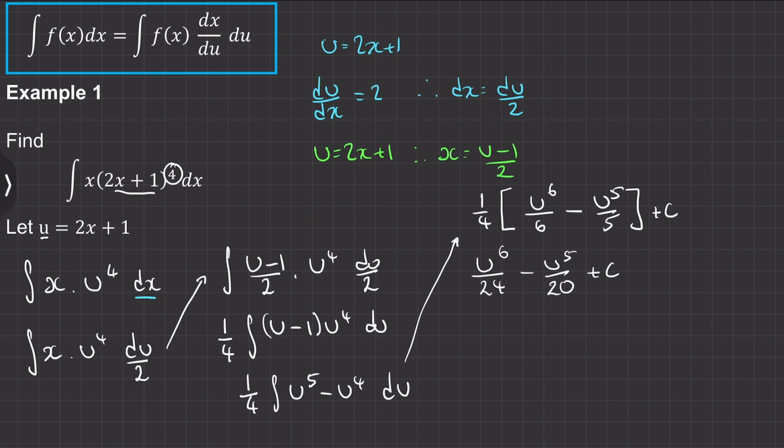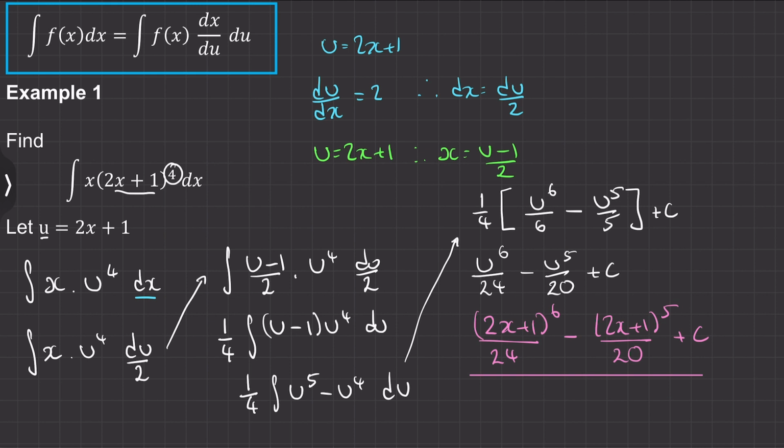And then we can substitute back in this u into each of the u's here. So finally, we get 2x plus 1 to the 6 over 24 minus 2x plus 1 to the 5 over 20 plus the constant term. So this is our final integral, okay?